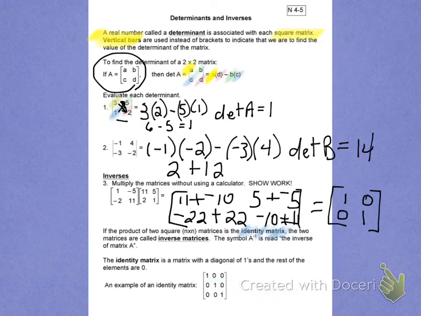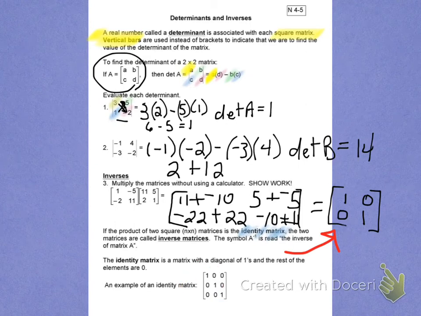The matrix here that looks like this is called the identity matrix. Ones are on the diagonals and everything else is 0. So a 3 by 3 identity matrix would look like this.